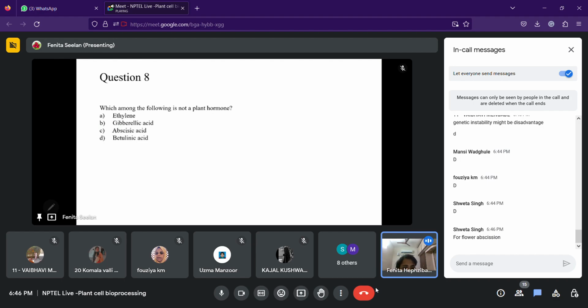So gibberellic acid, why is gibberellic acid used? We call it gibberellic acid or gibberellin, or GA as a short form. Gibberellic acid is used for cell elongation, promotes cell division.